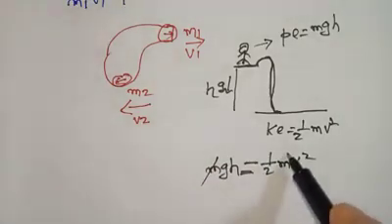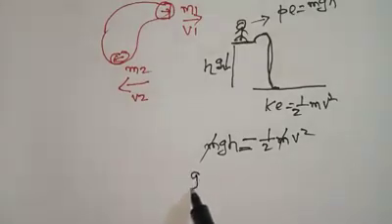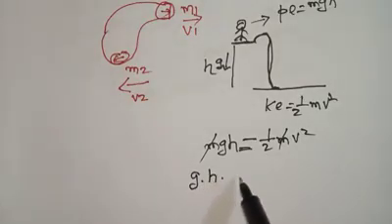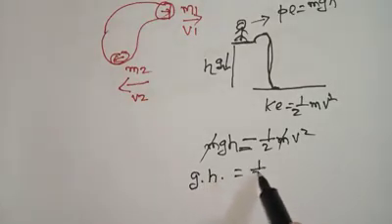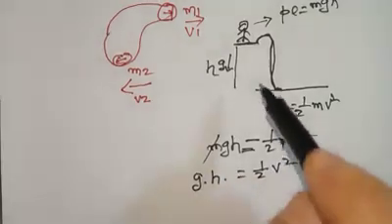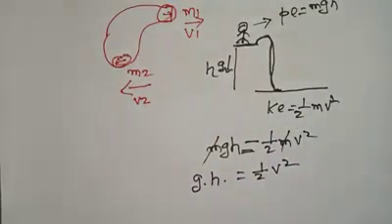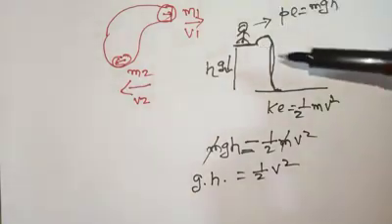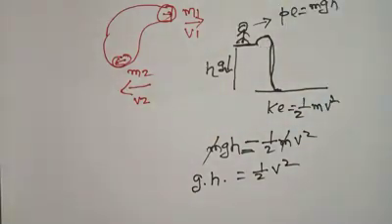Here both the m's get cancelled out, so we get g times h equal to half of velocity squared. Just before touching the ground, your entire potential energy, gaining speed, is converted to kinetic energy, and because both of them are equal, that is how it comes.